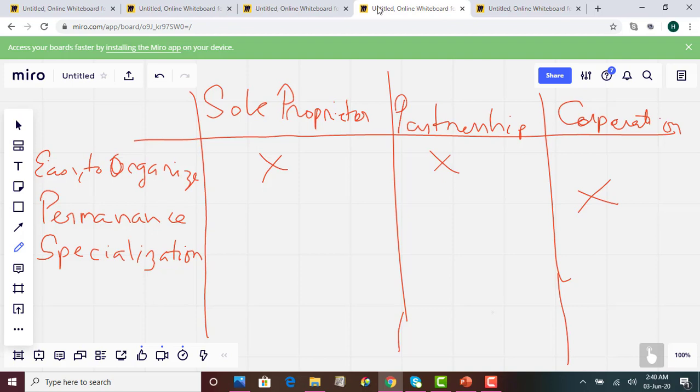They will have food items, beer, some small clothes, some small souvenir items. So sole proprietorships are not specialized, but partnerships and corporations are usually specialized.